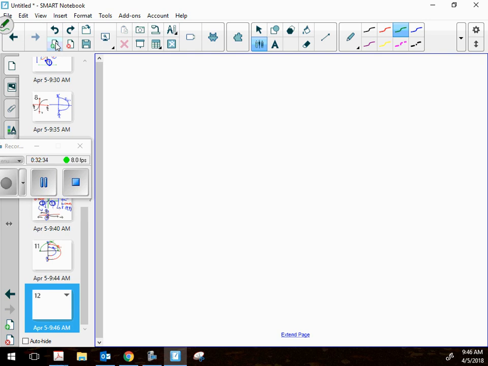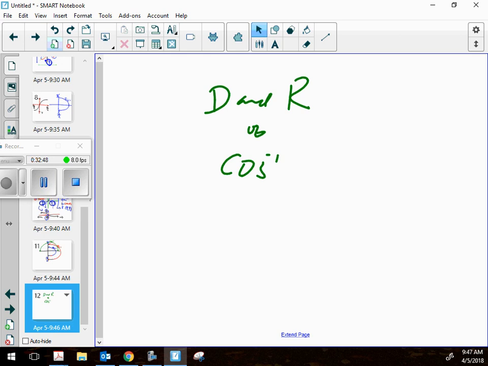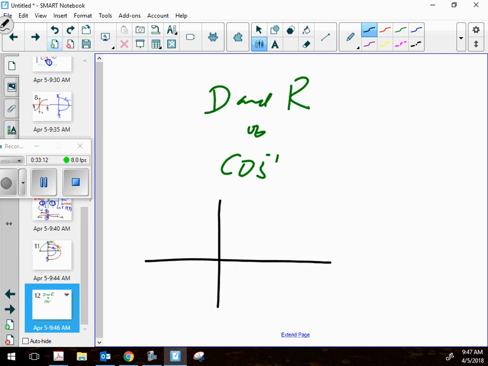Figure out what part of it you can use, and that should be able to answer this question. You start by graphing regular cosine.